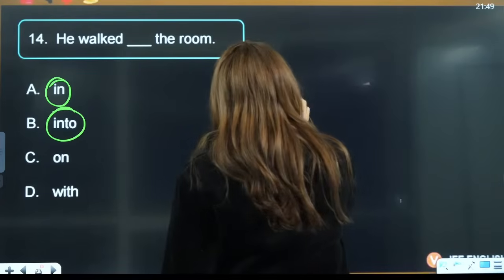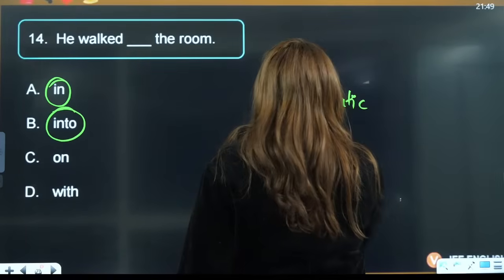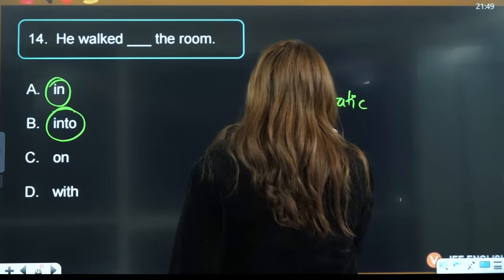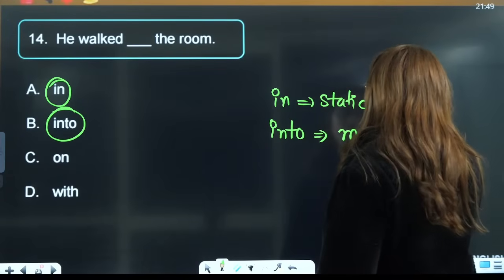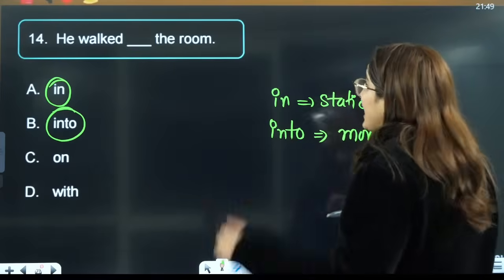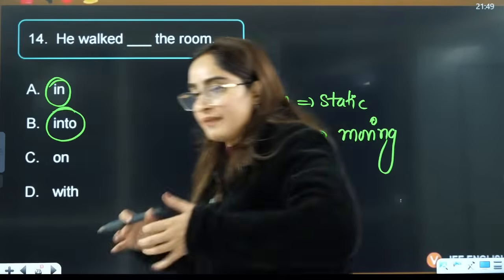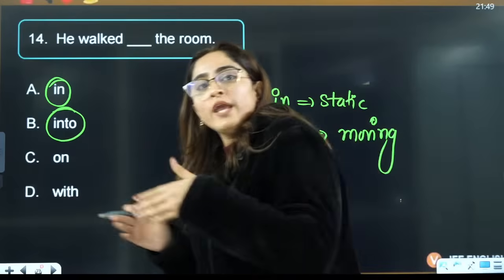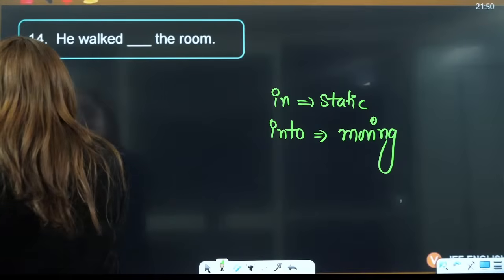The simple thing is, in is used for a static position. I told you, into or onto is used for moving. When you show them moving, they are saying he walked. Walked means he is walking. That is in a going position, in a movement position. He walked into the room, right?